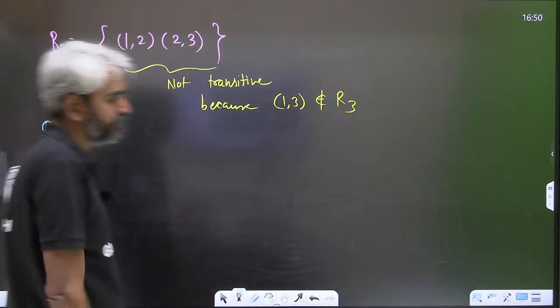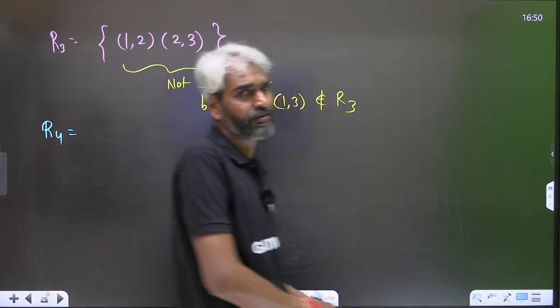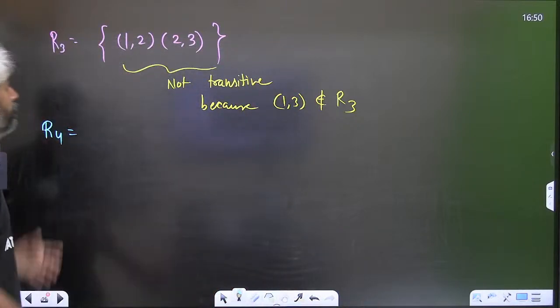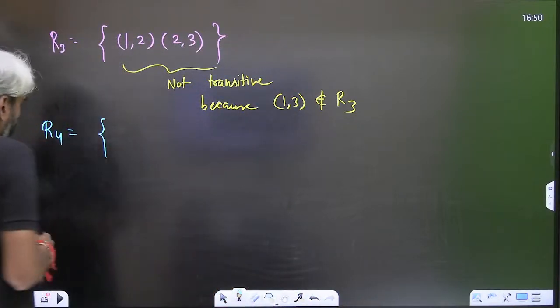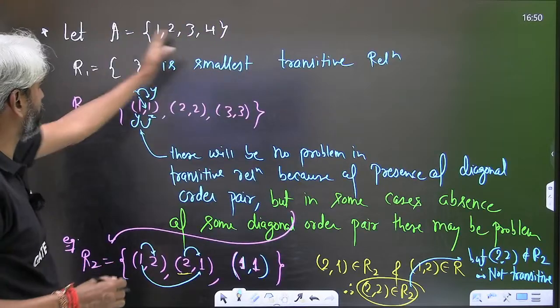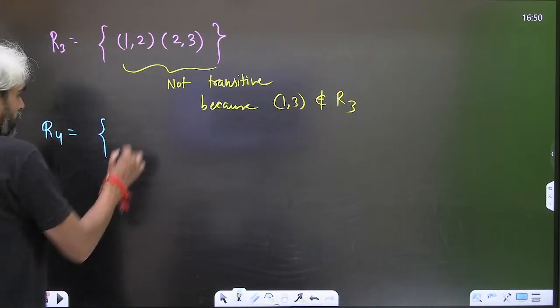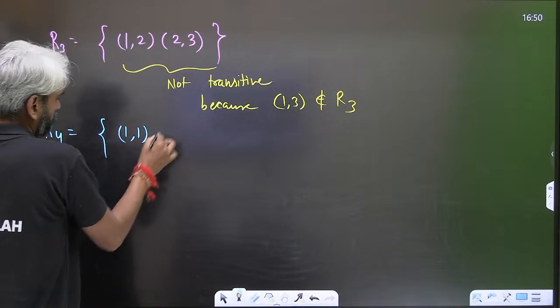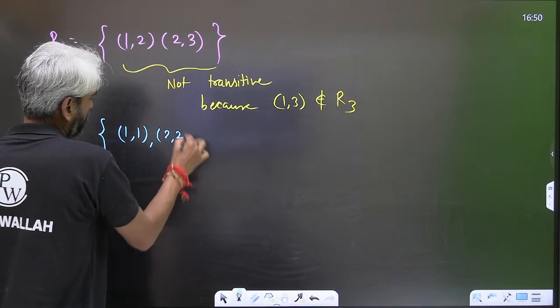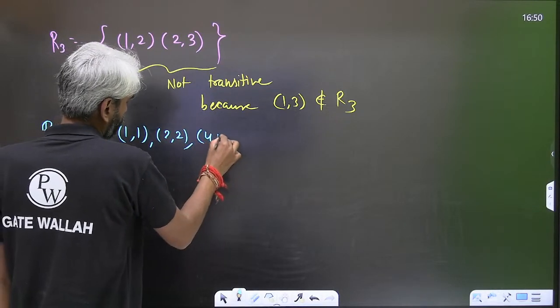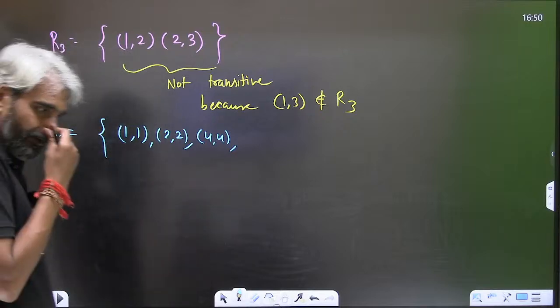There are some ways: transitive closure, Warshall's algorithm, or you can do it manually. But let me give you an example with respect to this set. Suppose I have 1, 1, 2, 2, and 4, 4, but not 3, 3.